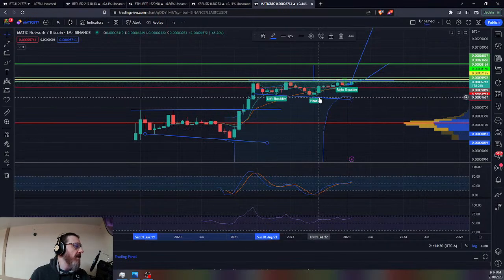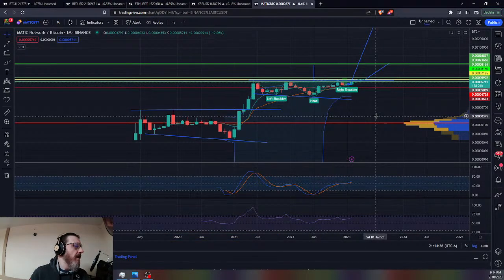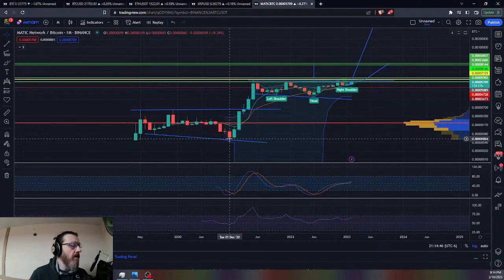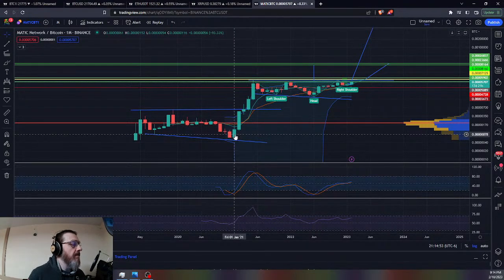With this here, we did see a nice break up, but we did also see a little bit of consolidation along the way. But that does play into how long it took to move through this area before. And Matic was also a younger asset, lower market cap, took less volume, or less capital, I should say, to move it.